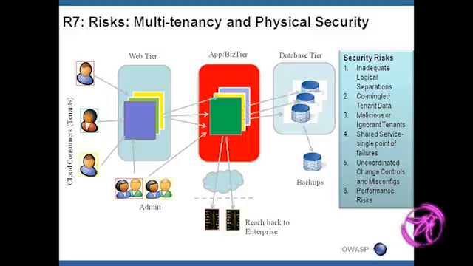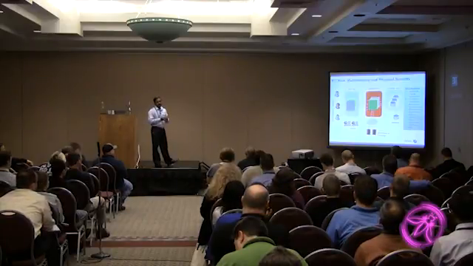What are the policies? What are the Java policies, for example? How tight are the connections across these processes running in the same VM managed? So the commingled tenant data and malicious or ignorant tenants are basically the risks in this model.